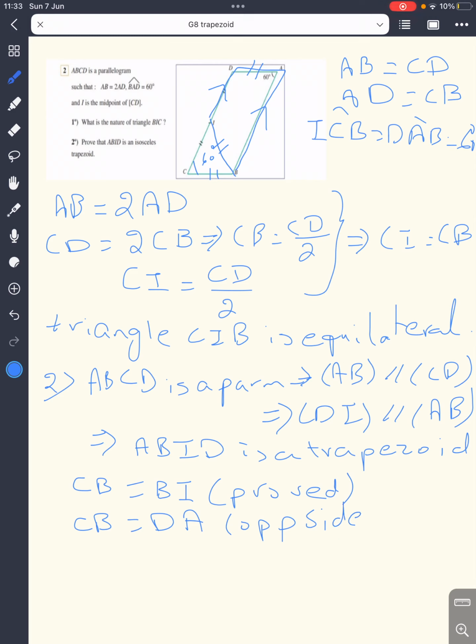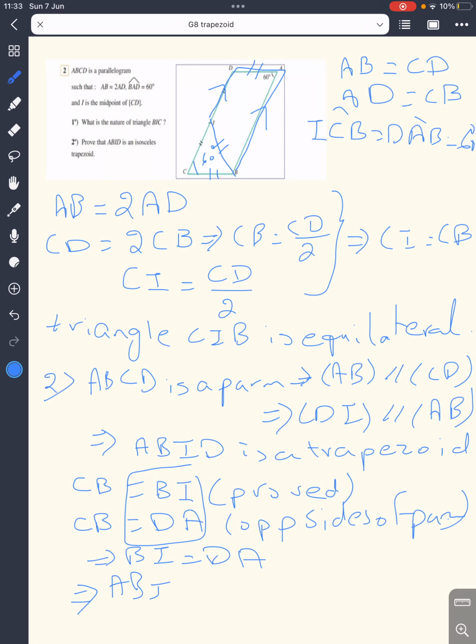So by comparison, I can clearly say that BI and DA are equal to each other. Now, we know that ABID is a trapezoid and the non-parallel sides are equal to each other, so that means that ABID is an isosceles trapezoid. It's so easy, but I have to understand the figure well.